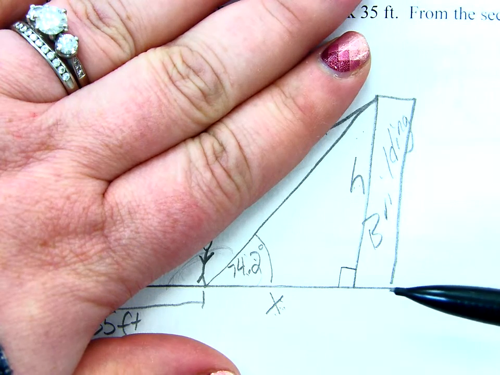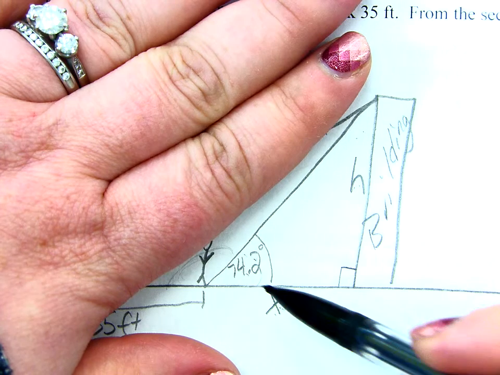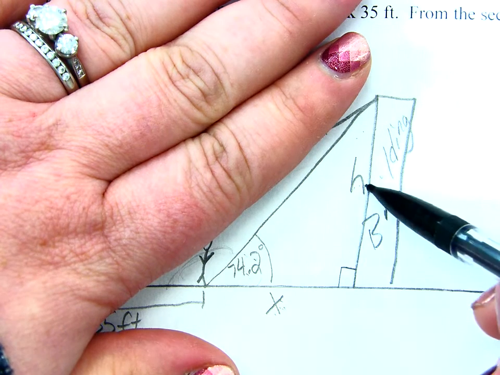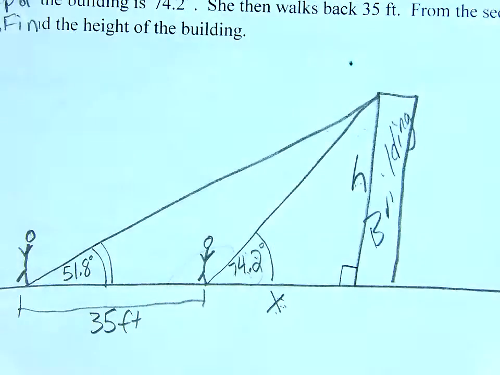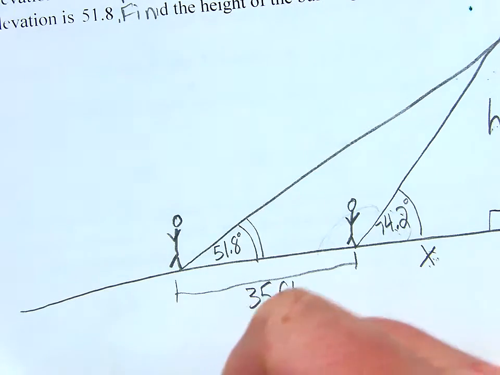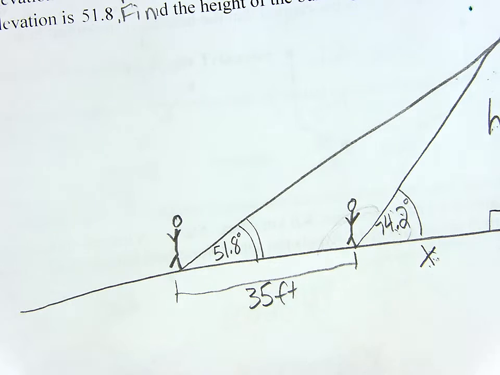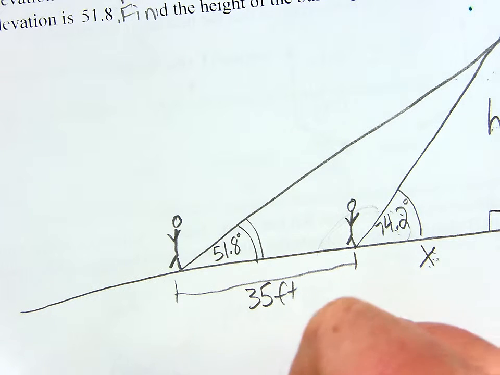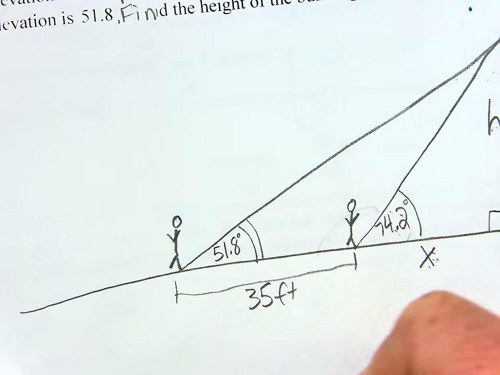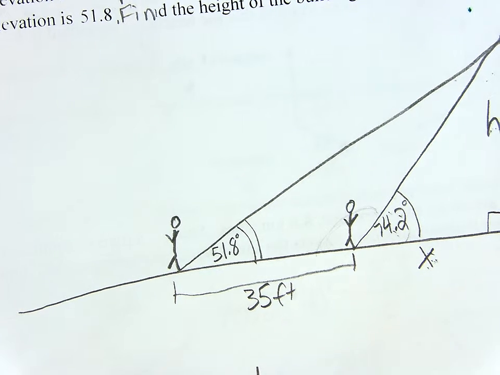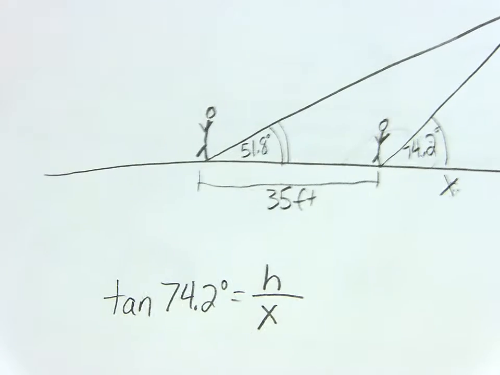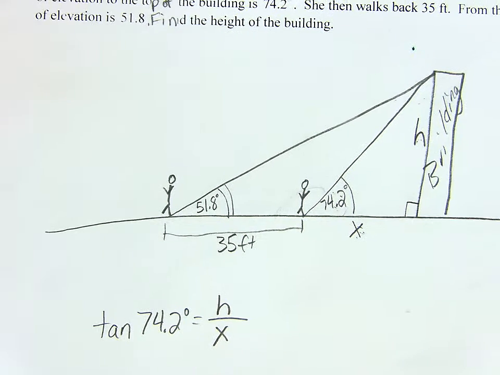I'd probably go with tangent. Yes, tangent of this angle would equal this over this, opposite over adjacent, right? Okay, so there's one equation. Tangent of 74.2 degrees equals the opposite side, h, over the adjacent side, which is x.